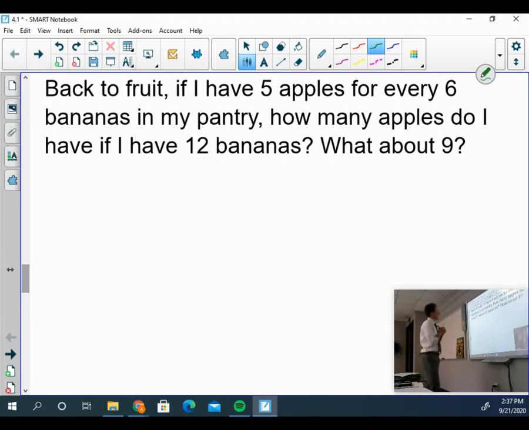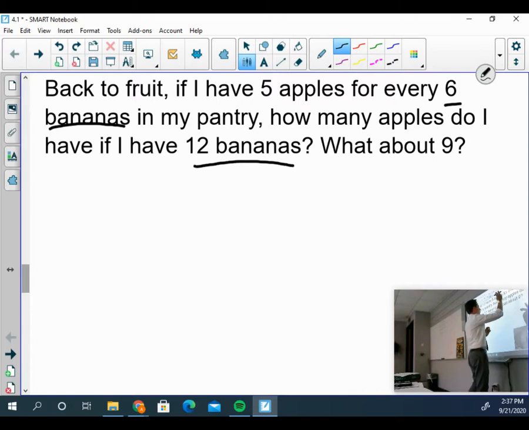Okay, so now you've paused it, you've thought it through, maybe you have an answer. If I have 5 apples for every 6 bananas, how many apples do I have if I have 12 bananas? Well, what do the amount of bananas increase by? Well, they increase by 6, but not only do they increase by 6, but what I hope you realize is they doubled.